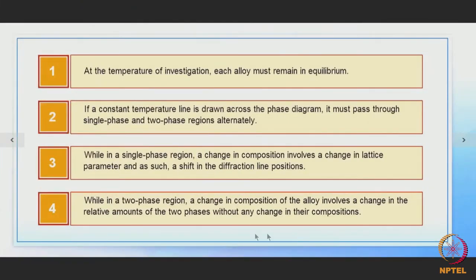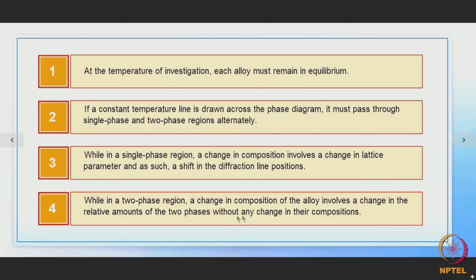Now, fourthly, while in a two phase region, a change in composition of the alloy will involve a change in the relative amounts of the two phases without any change in their lattice parameters. There is an error here.